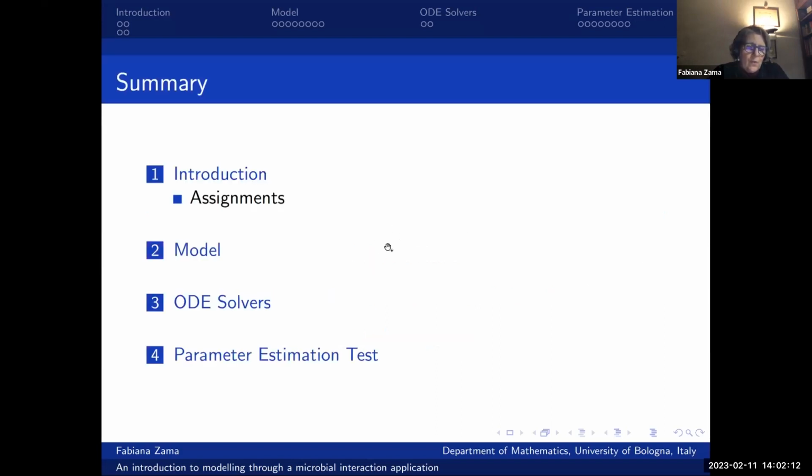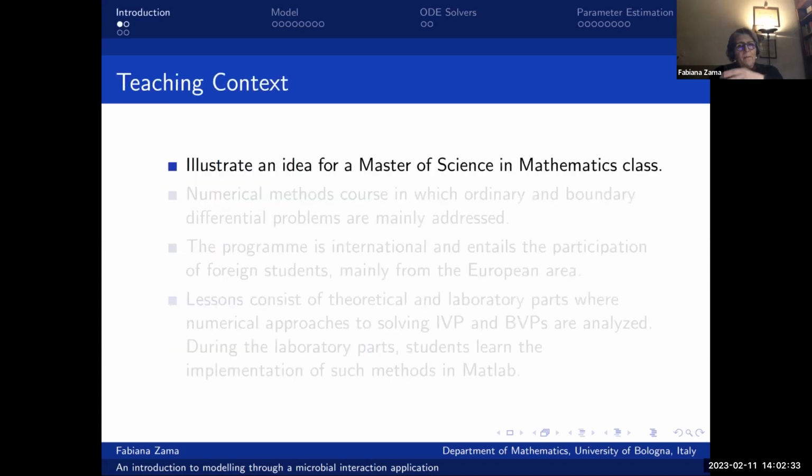So what I want to do now is to show a few results, and also how I structured the assignment and the results that I had from the class and from the students. This is an idea of a project for a master's in science in mathematics.